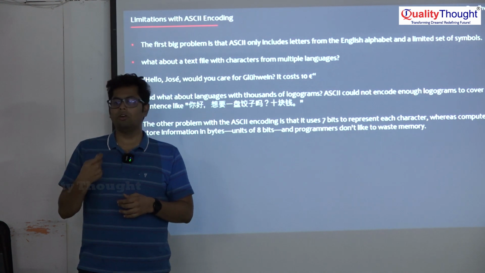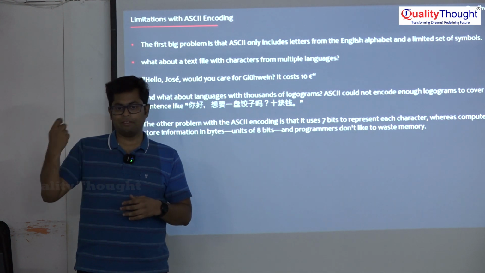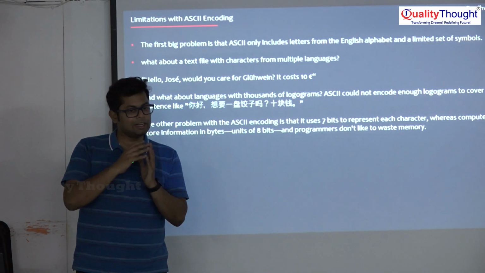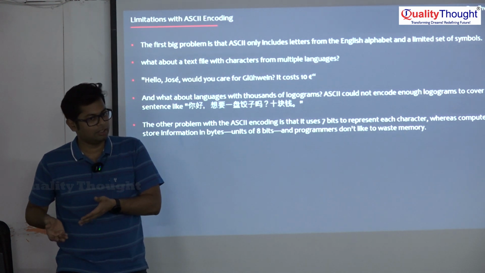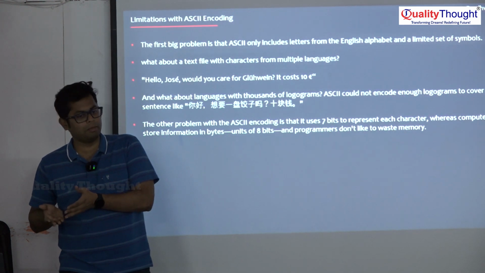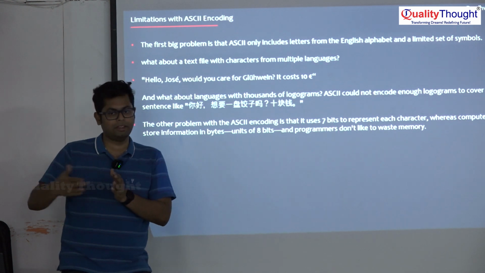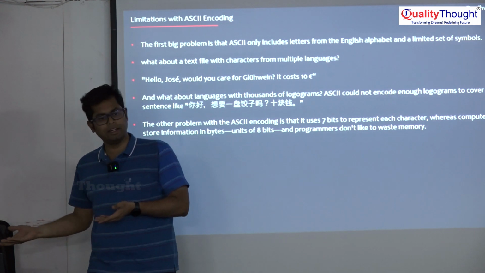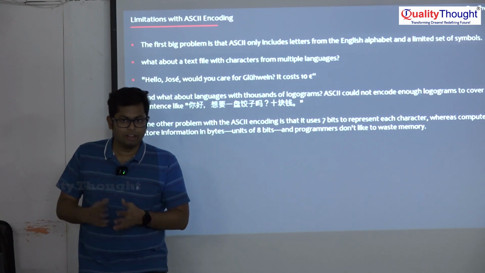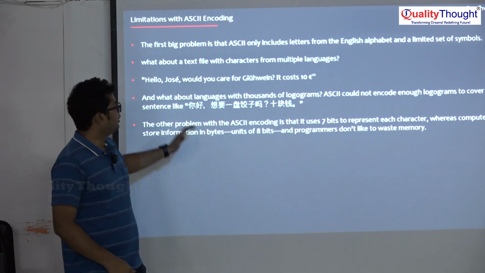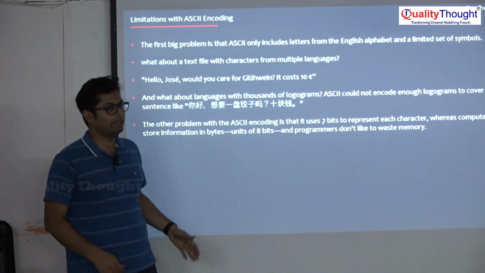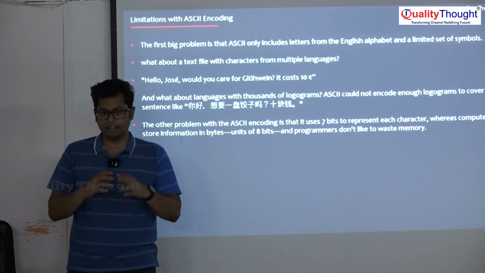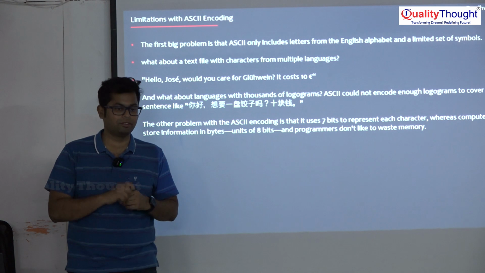If I take a Telugu character, does that have a mapping in the ASCII table? Ultimately, it has to be converted into binary, am I right or wrong? Then only, sorry, it has to be converted into a decimal first. The decimal mapping should exist, am I right or wrong? Or else you cannot convert it into binary. That's the reason the limitation of ASCII encoding is that you have only 127 symbols in it. Not more than that.